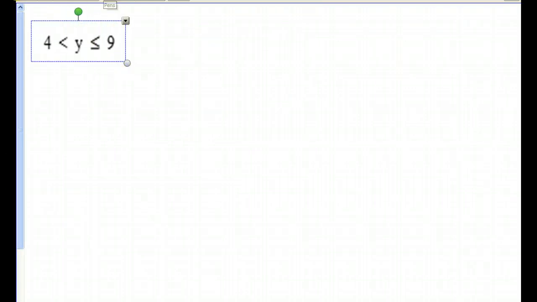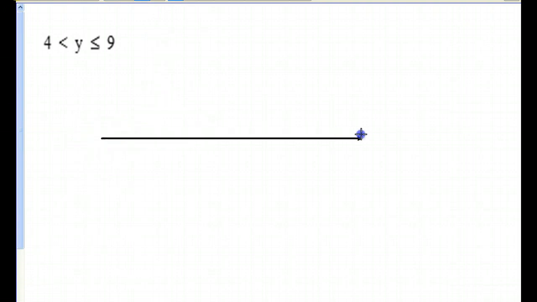Alright, now this is a between inequality. So when you make this, make sure you understand that the variable is between these two numbers. It's smaller than 9, but it's greater than 4.